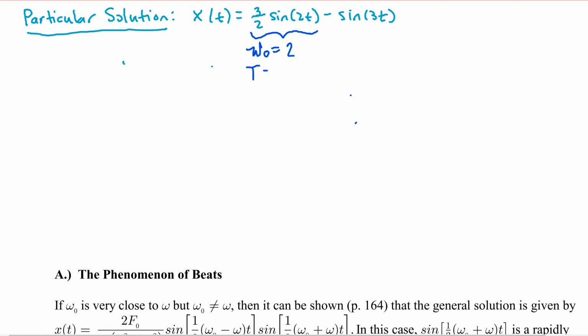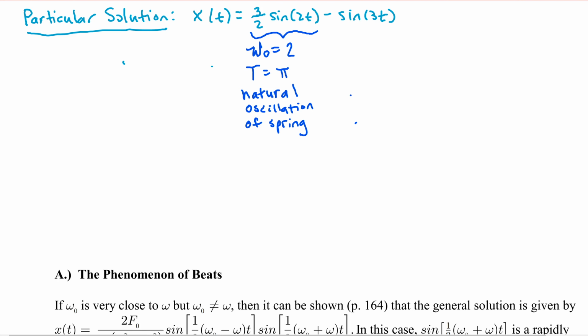The period of this sine wave would be 2 pi over 2, or pi units. This term describes the natural oscillation of the spring. In the absence of that external force, this term would be describing how the mass oscillates in the spring mass system.